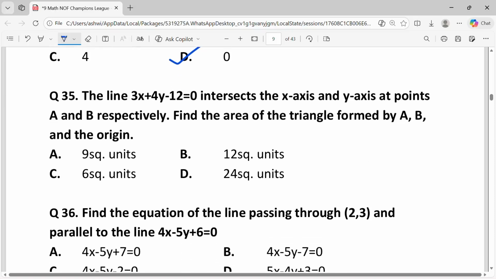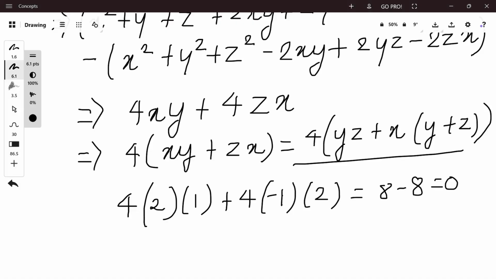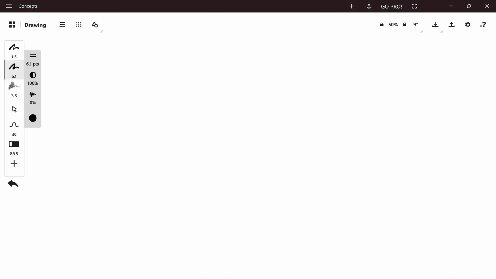Question 35. The line 3x + 4y − 12 = 0 intersects the x-axis and y-axis at points A and B respectively. Find the area of the triangle formed by A, B and the origin. At the x-axis, y is equal to 0.